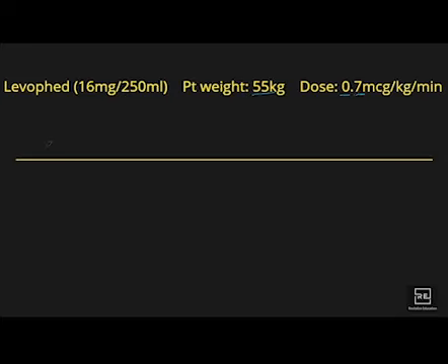So we're going to put the weight, 55 kilos, and then we're going to times it by the dose. Now the dose is written 0.7 mics per kg per minute, but for the sake of this, we're going to put 0.7 mics on top, and then put kilos and minutes on the bottom.